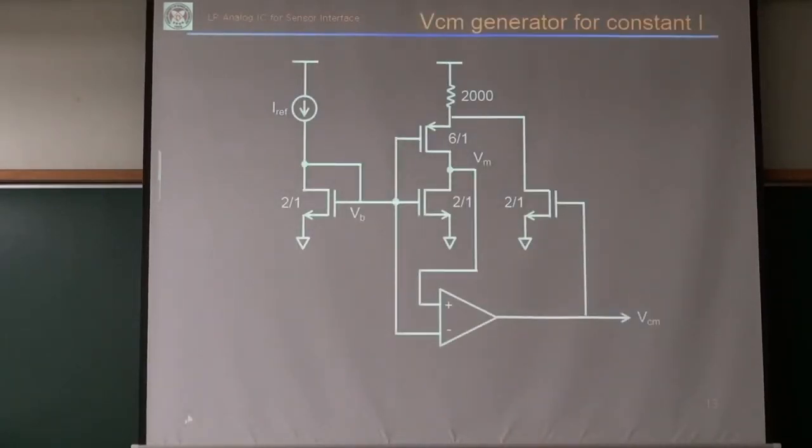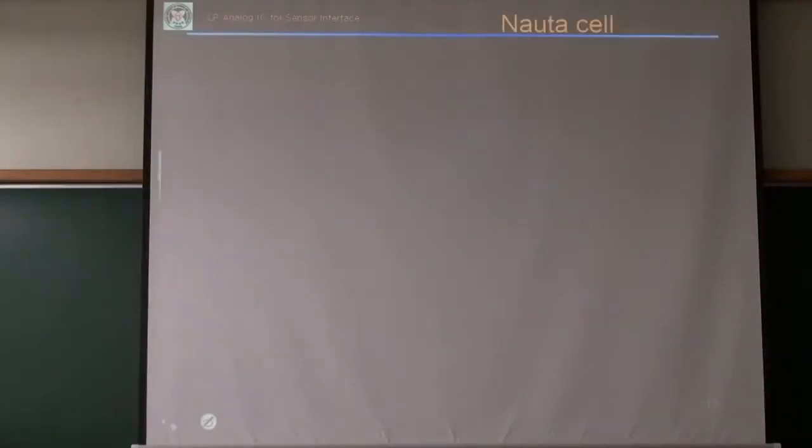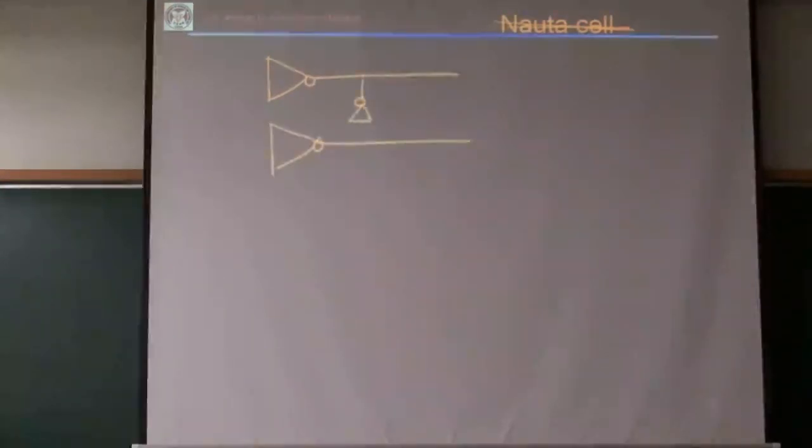Okay, let's repeat a little bit about this VCM generator for another version. This is another version of inverter-based amplifier. So for this inverter-based amplifier, this is not a nota cell. You know, in a nota cell, common mode is controlled by a cross-coupled inverter, right? This cross-coupled inverter.